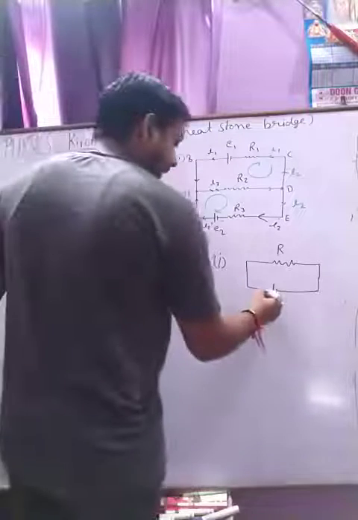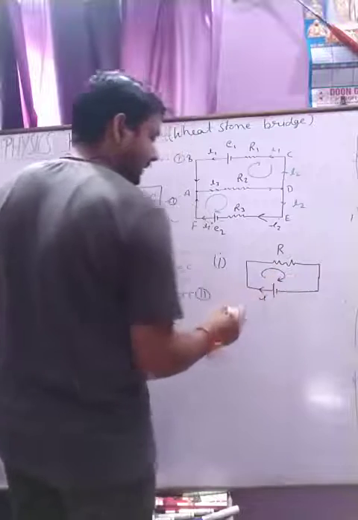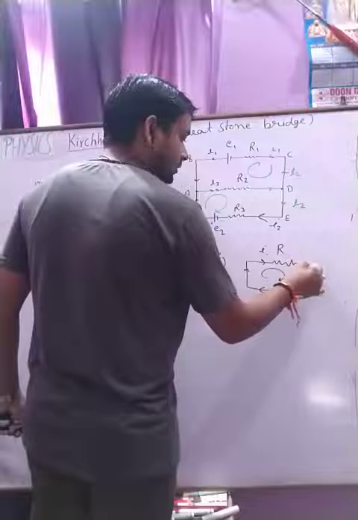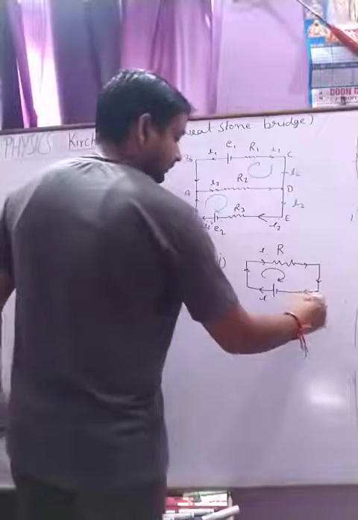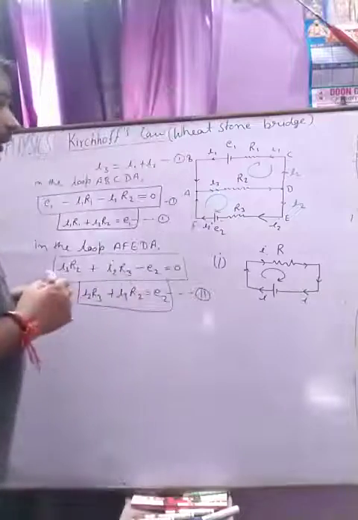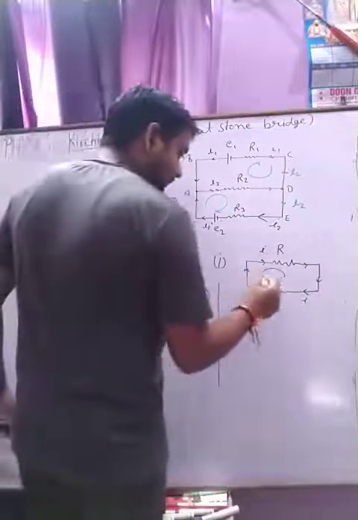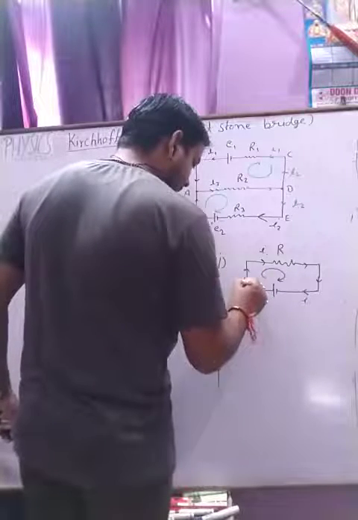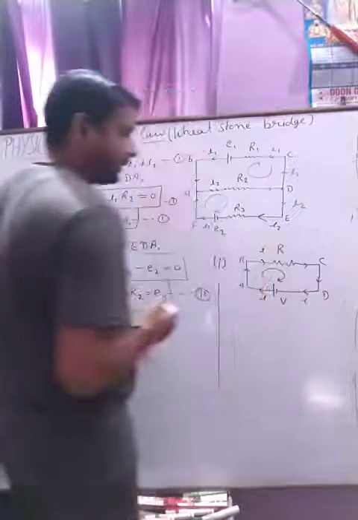Suppose current I starts from here and we are using the clockwise direction, so current moves across this and returns back to the terminal. Now when we apply the rule for this, suppose we go through A, B, C, D and it is a V volt battery.